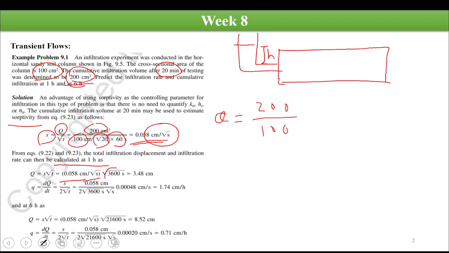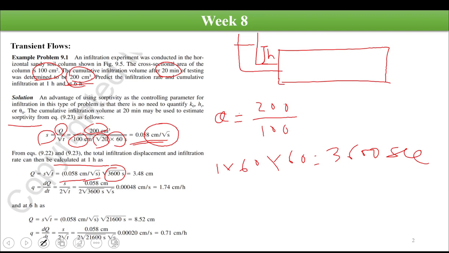So 1 hour is equivalent to 1 into 60 into 60, that is 3600 seconds. When we calculate it, we get the infiltration Q equal to 3.48 centimeter.